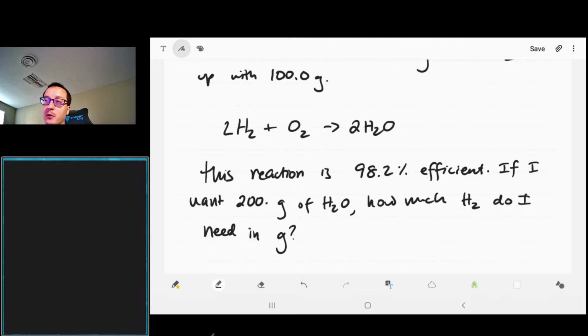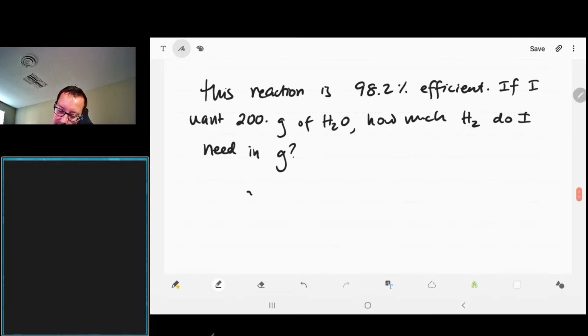So now that we throw in this kind of reaction yield idea, we can say, okay, well, we know how much hydrogen we would need to make 200 grams theoretically. But if we wanted an actuality, we have to use our equation here.